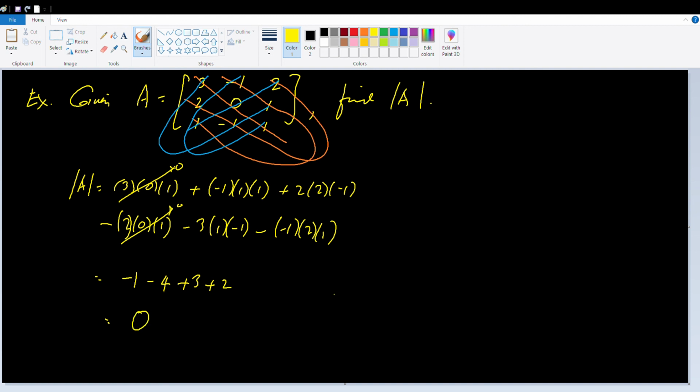That gives us 0. Okay? So will you try finding the determinant of matrix P? 2, negative 1, 5, 3, 2, 1, 0, 1, and 3.